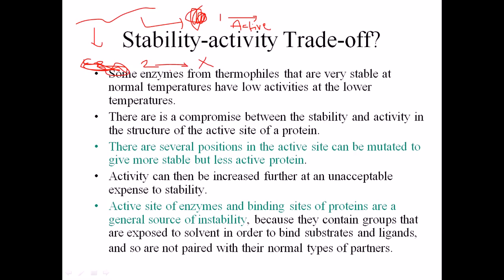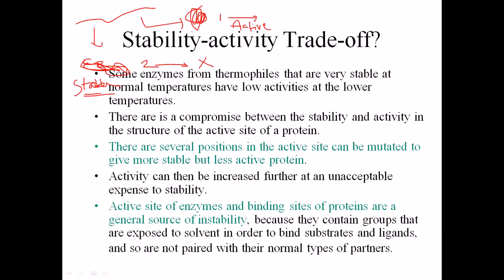But another important thing is that this second structure is much more stable than this first structure. Though it is stable, it cannot give an active protein. It cannot give a protein which functions efficiently.